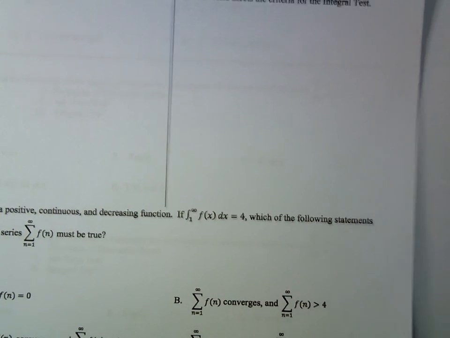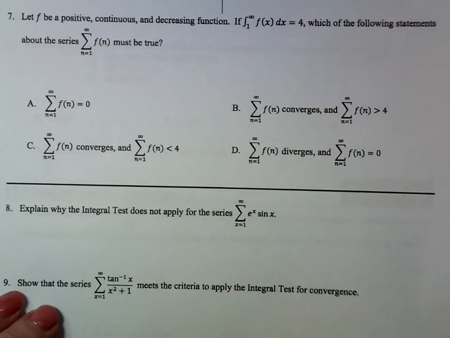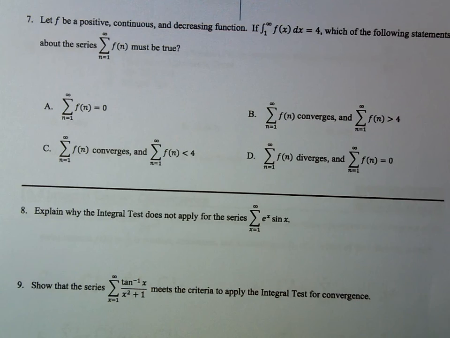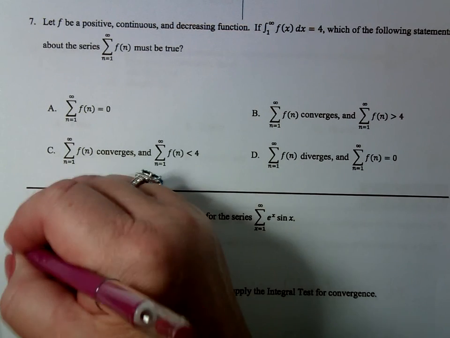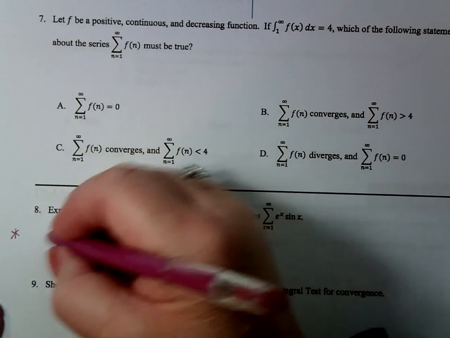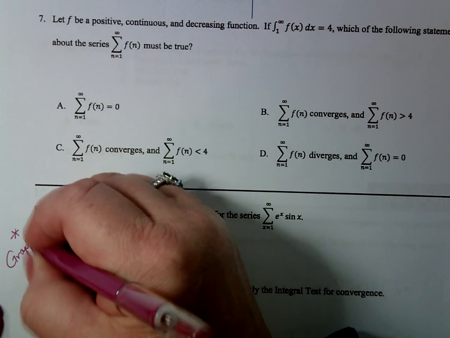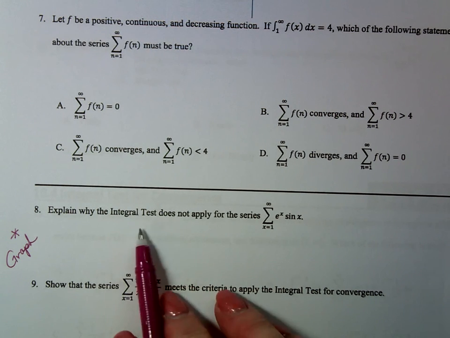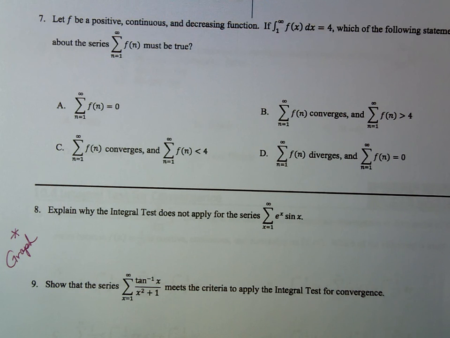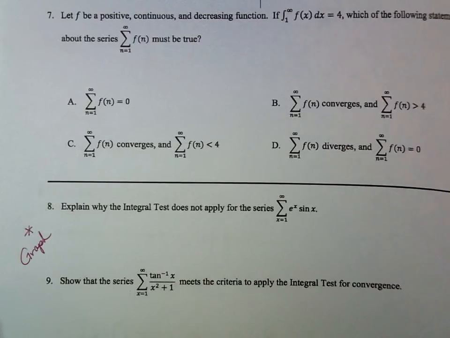On this page, for number 8, I would highly recommend that you graph it for 8 and 9. For 8 and 9, I would use my calculator and graph these guys. That's helpful with them. You're explaining why the integral test doesn't apply and showing that it meets the criteria for the integral test. So use the graphs to help you with that. That would be my hints for those two.